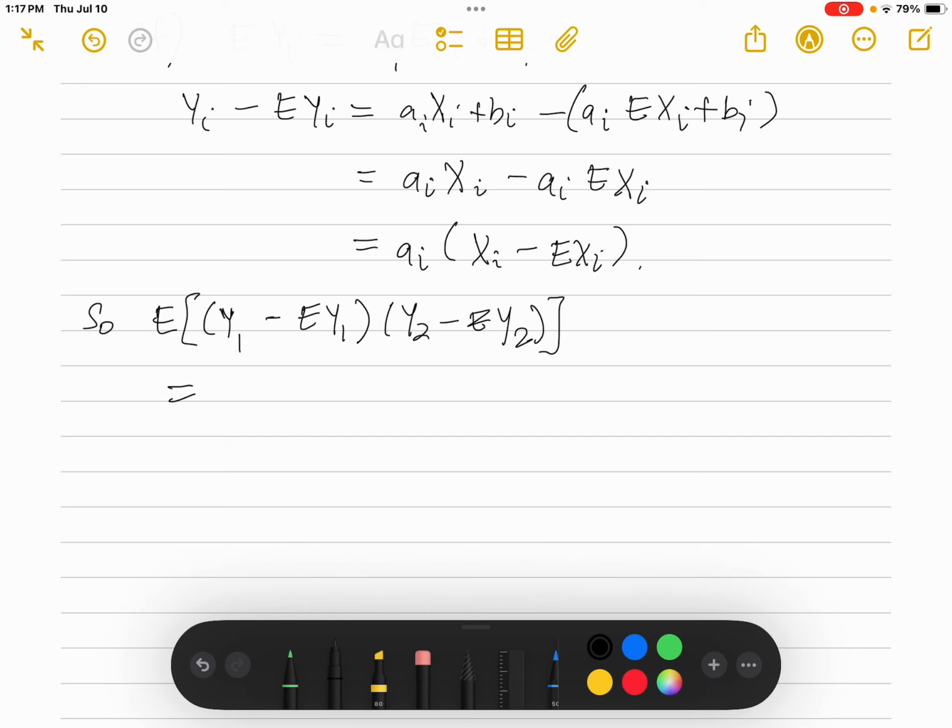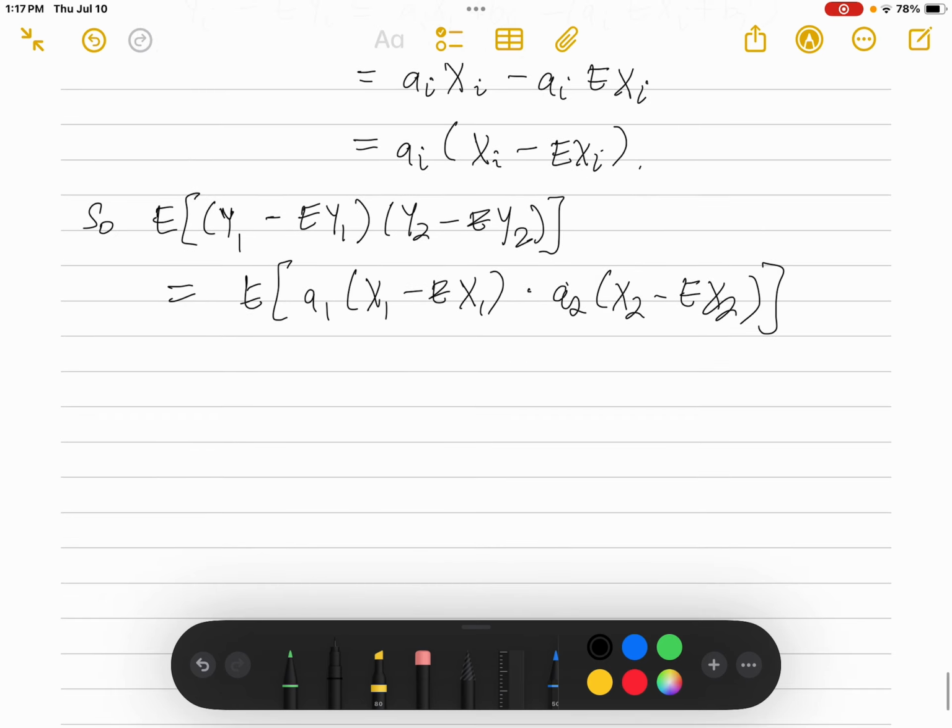Well, this is equal to the expectation, by what we have above, of a1 times x1 minus the expectation of x1, times a2 times x2 minus the expectation of x2. So this is equal to a1 a2 times the expectation of x1 minus expectation of x1 times x2 minus the expectation of x2. And of course, that thing is precisely the covariance of x1 and x2.